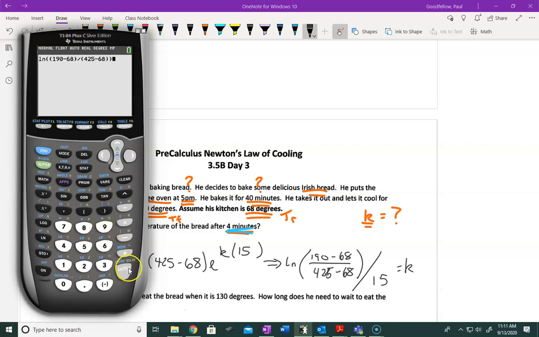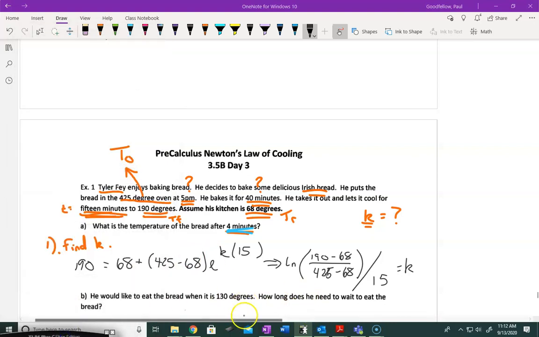Close my parentheses the number of times needed, take this ln and divide that answer by 15. This will generate my k value. Store alpha k.